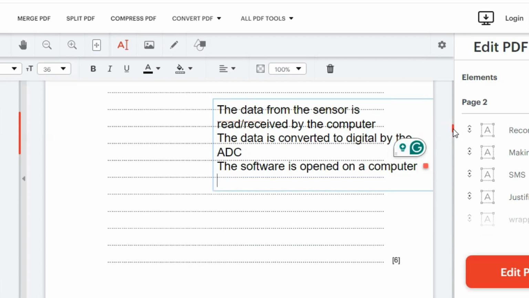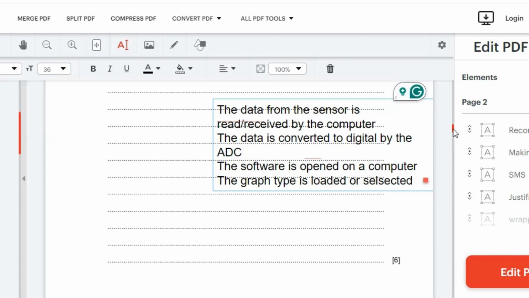Okay, let's move forward. The graph type is loaded or selected.